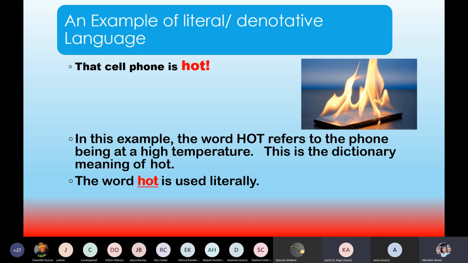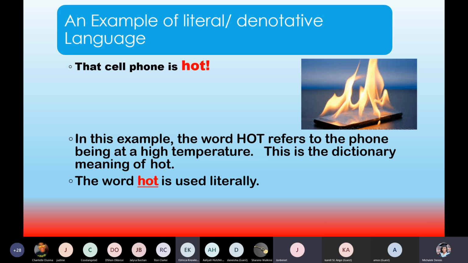Okay, example. Can I get someone for the example? Anyone? Go ahead. The cell phone is hot. Now, what do they mean by the cell phone is hot? It's on fire, it's burning.